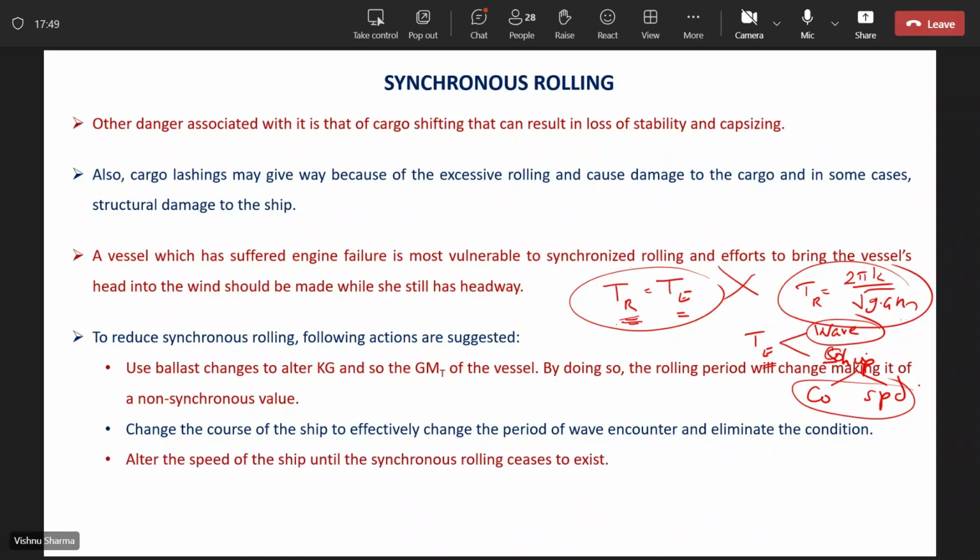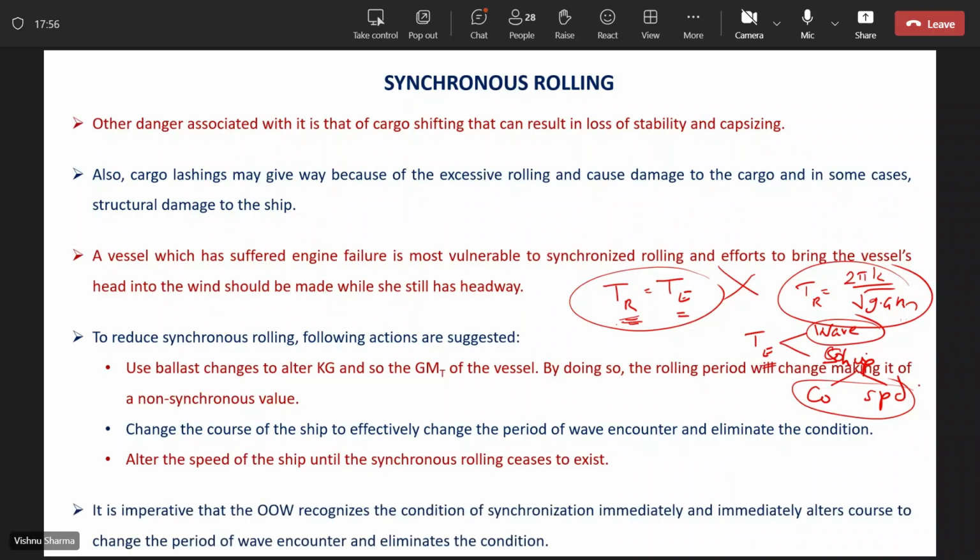Alter the speed of the ship until the synchronous rolling ceases to exist. It is imperative that the OOW recognizes the condition of synchronization immediately and immediately alters course or speed to change the period of encounter and eliminate this condition.